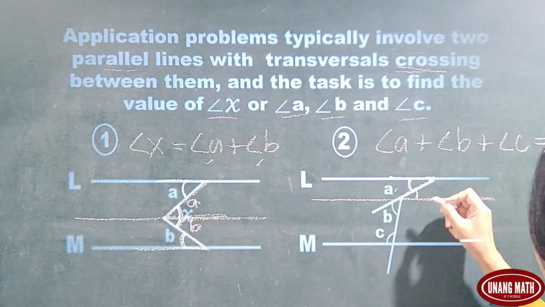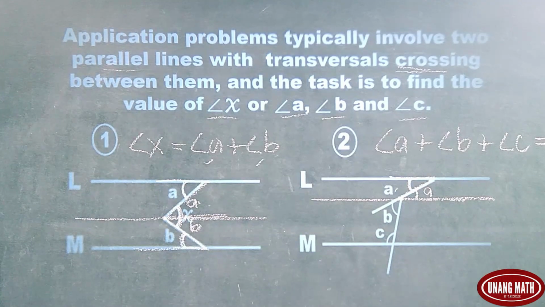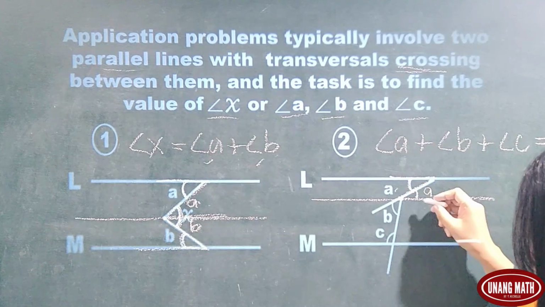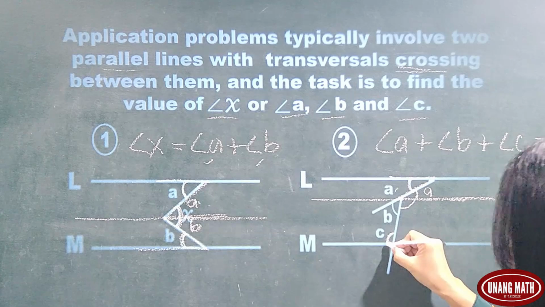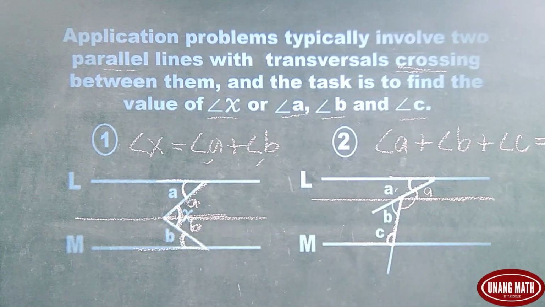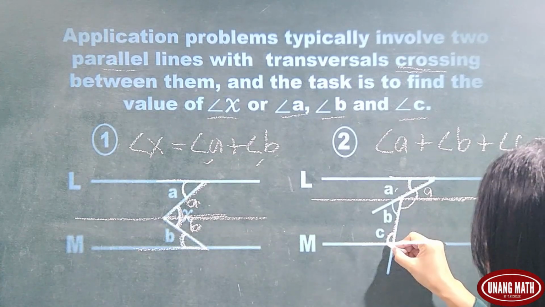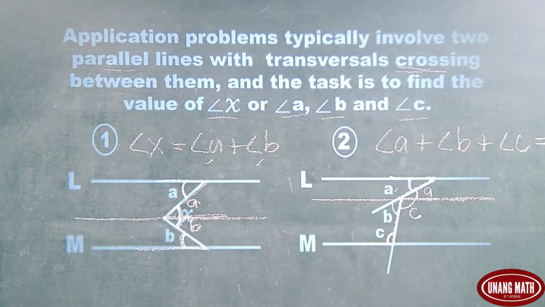So if this is angle A, then that means this is also angle A. Next, this angle and this angle are also alternate interior angles. So if this is angle C, then that means this is also angle C.